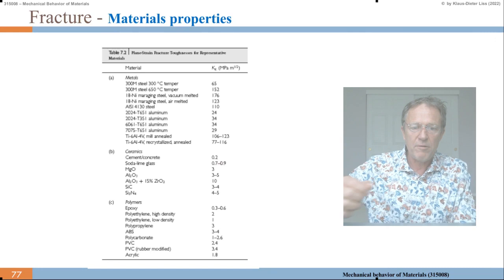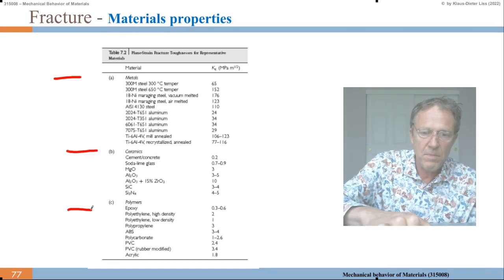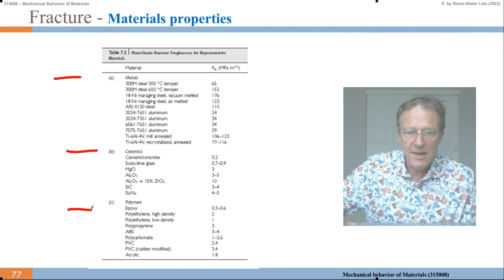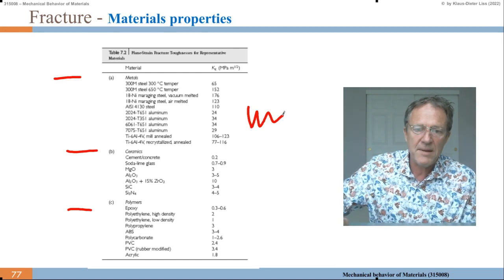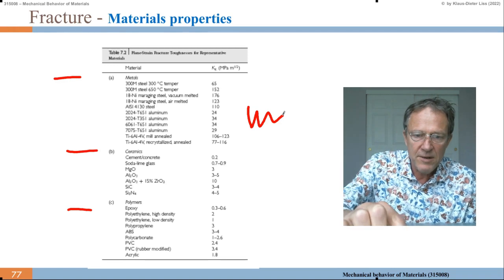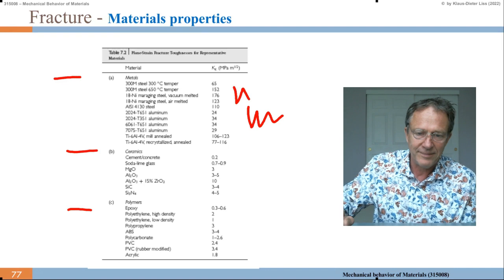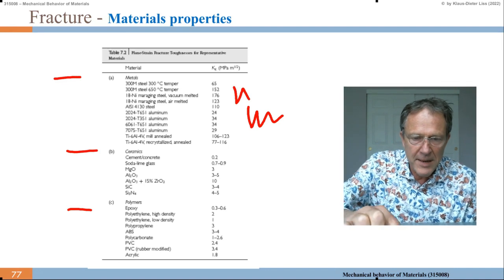Here we have practical numbers. So we have the metals, we have the ceramics, and we have the polymers. And you see the K1C, they range between 65, maybe 30s, 20s, 30s, for the weaker aluminium, megapascal per square root of meter. And for the steels, you get the higher values. Ceramics is 1 or 2 orders of magnitude lower.